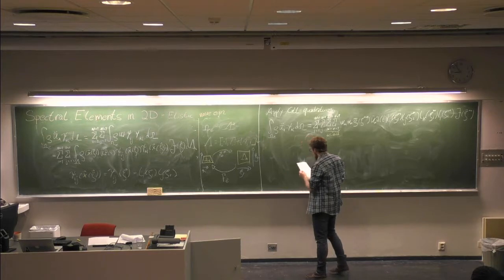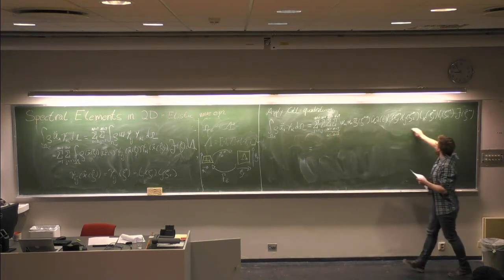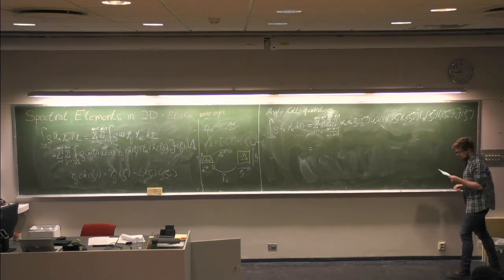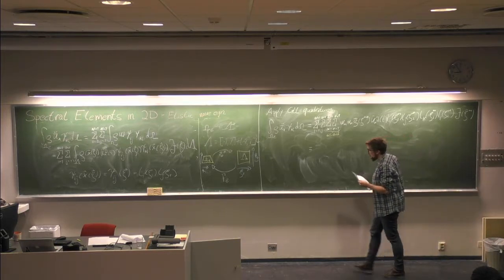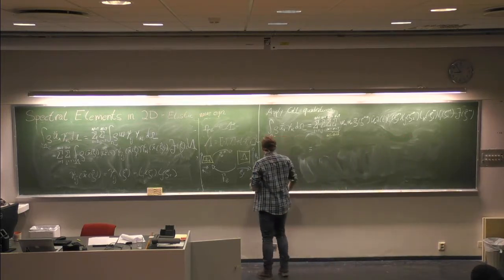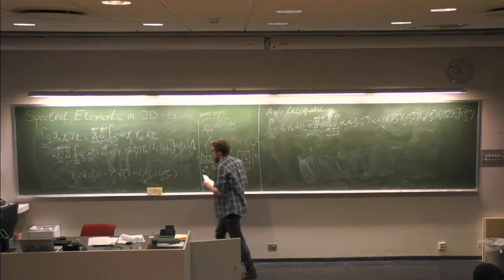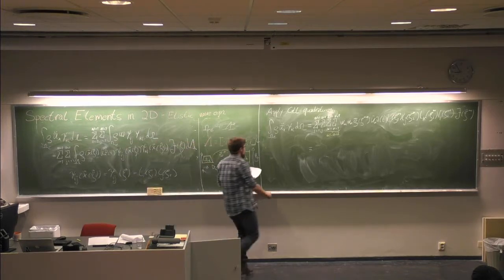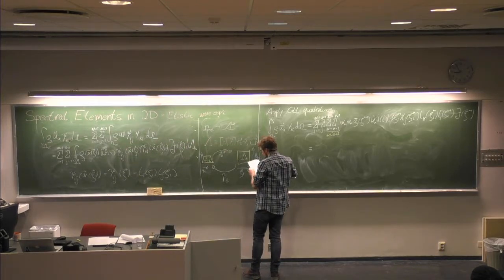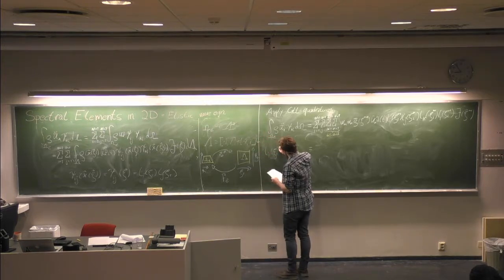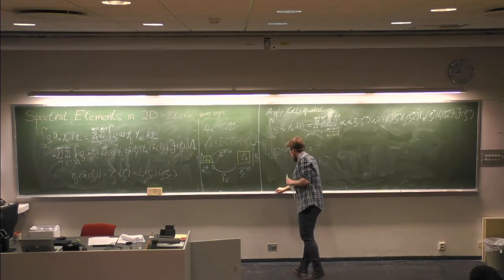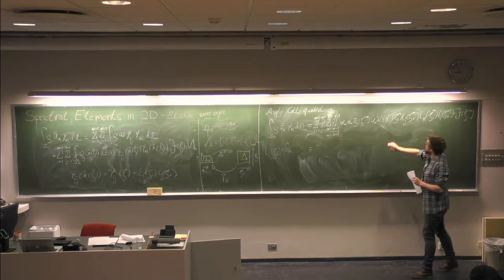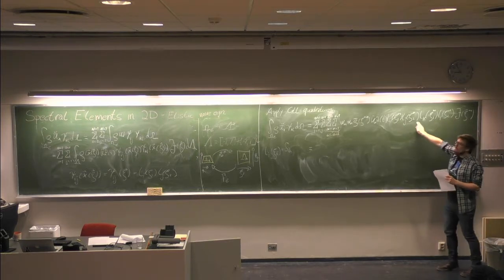Well, this can be made vastly easier because we have again the expression that l_i of xi_k is the delta function delta_ik. So you see that a lot of these basis functions are going to disappear.